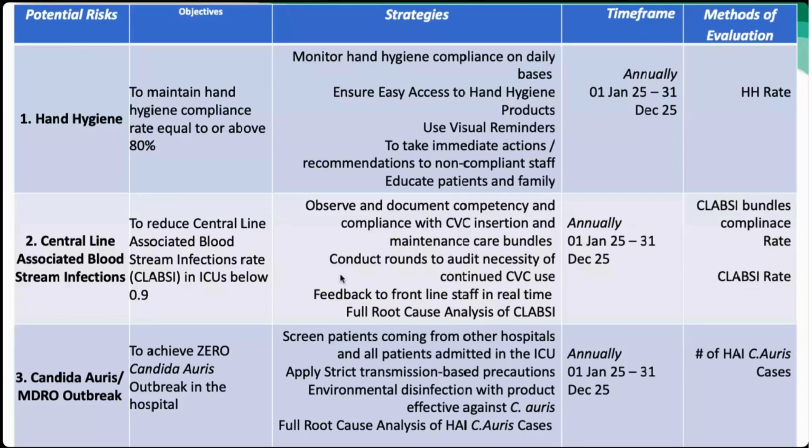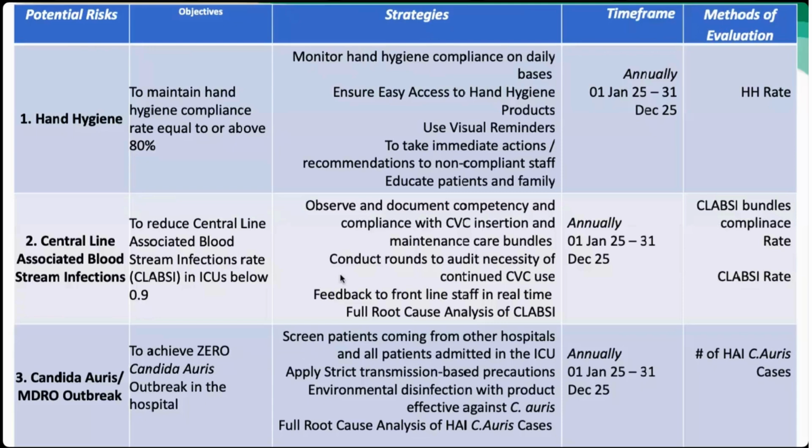How can you achieve this objective? By the following strategies: monitoring the hand hygiene compliance on a daily basis, not only at the end of the year, ensuring easy access to hand hygiene products, using visual reminders, and taking immediate action for non-compliant staff. So this is at the end how you can show your annual plan.